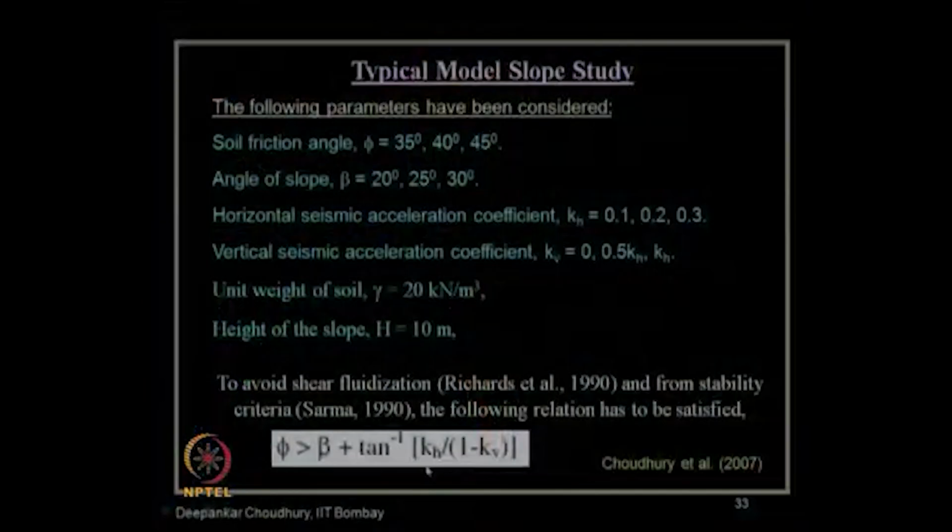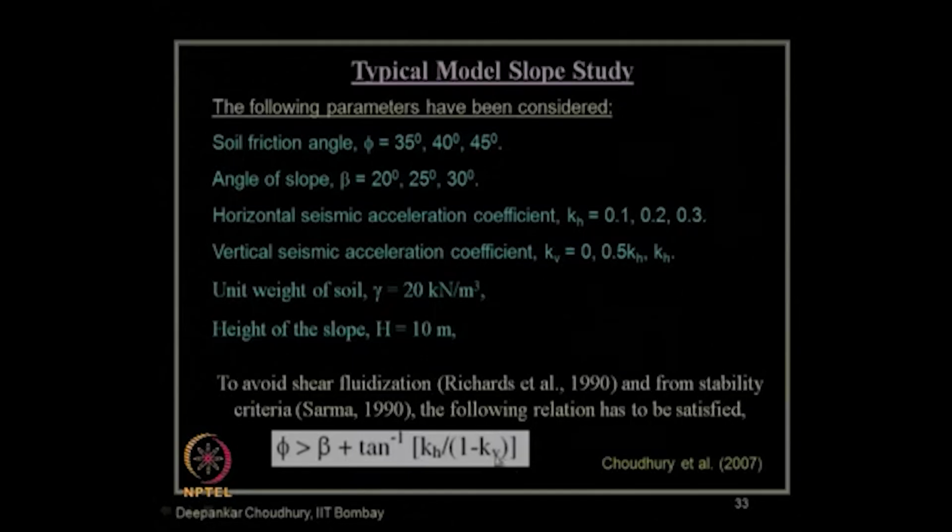So, for the internal friction angle between the soil grains, phi, tan of phi should be greater than that component of kh by 1 minus kv, where kh is your horizontal seismic acceleration coefficient and kv is your vertical seismic acceleration coefficient. That phenomenon which occurs in dry cohesionless soil, that is called shear fluidization, if the soil starts behaving like a fluid or flows like a fluid.